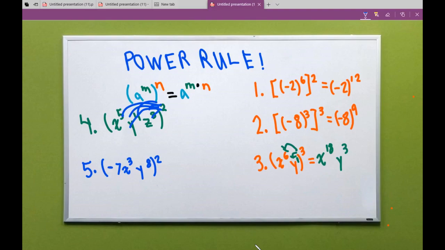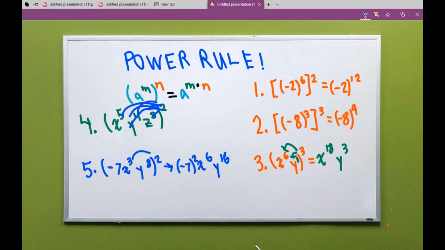So we're going to have -7 raised to the power of 2, and then x to the third power, we're going to have 3 times 2 to get x to the 6th, and for 8 times 2, which is 16, so y is raised to the power of 16.